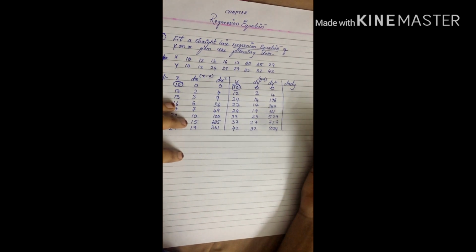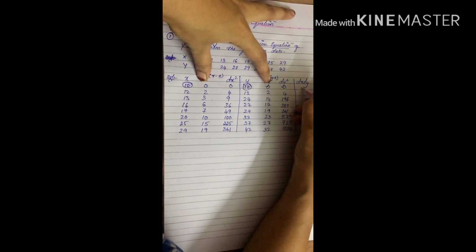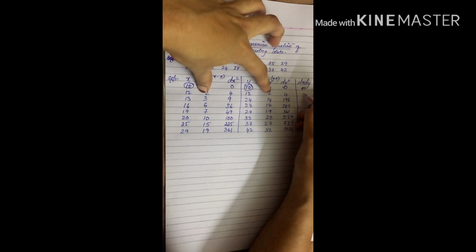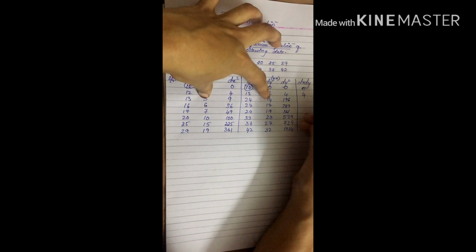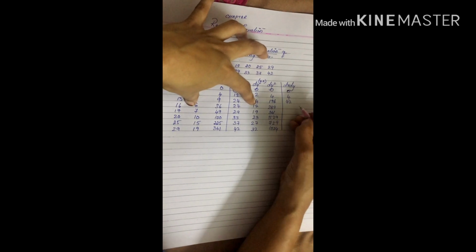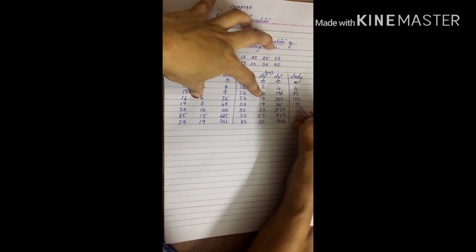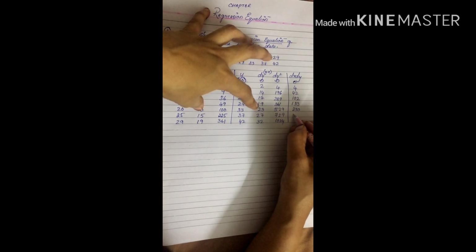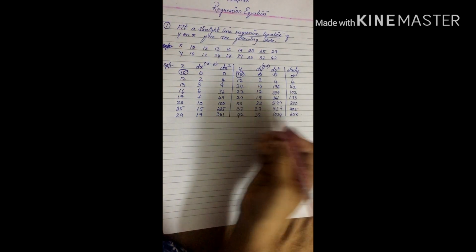Next dx into dy. 0 into 0, 0. 2 into 2, 4. 3 into 14, 42. 6 into 17, 102. 133. 230, then 405, then 608.